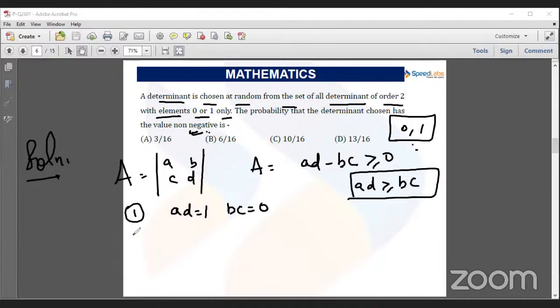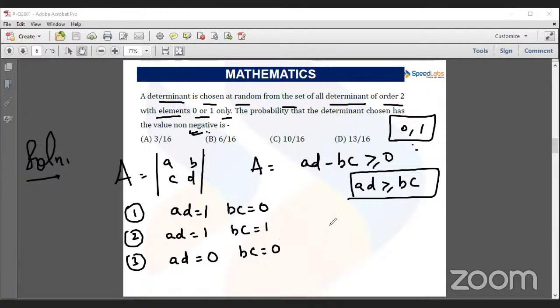That will do. Second is AD is 1, BC is 1. That also works fine. Equal to 0 हो जाएंगे, चलेगा. Third case is AD is 0, BC is also 0. ठीक है, ये 3 केस होंगे मेरे ख्याल से.